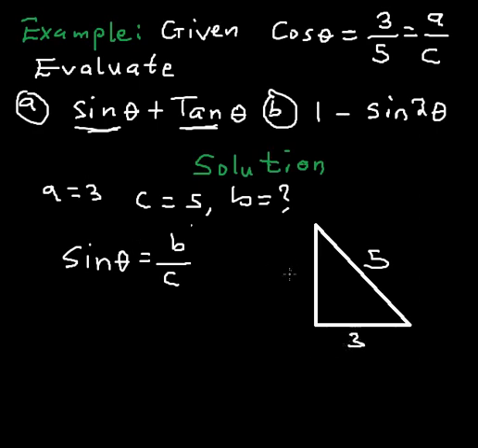So how do we get the opposite? Let me call the opposite B. By Pythagoras rule, 5 square is equal to 3 square plus B square.